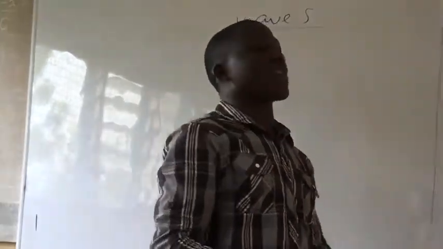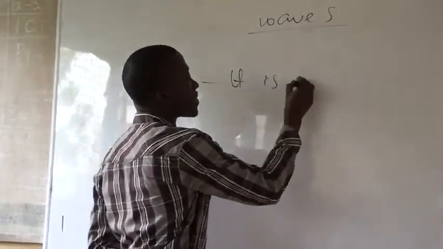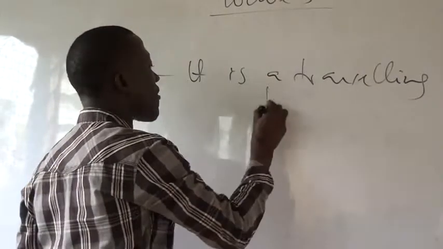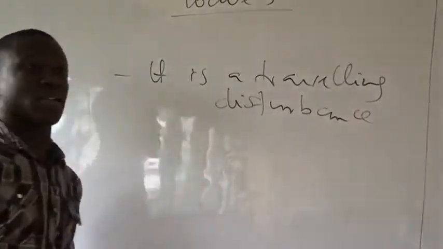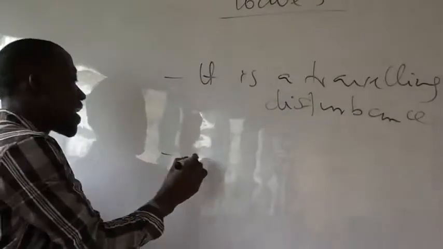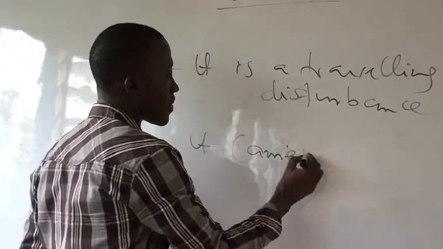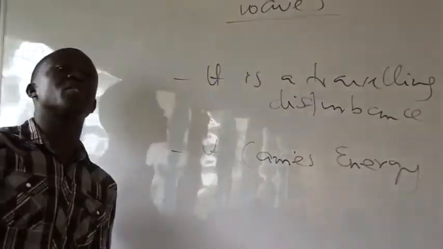So there are two important things you must know about a wave. One is that it is a traveling disturbance. And the other important is that it carries energy through the medium.